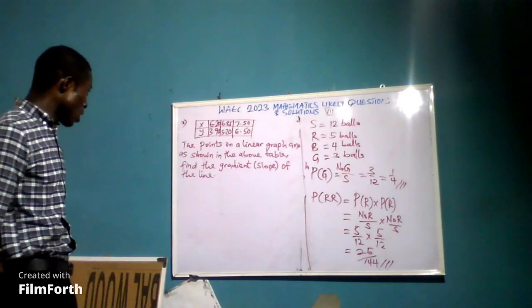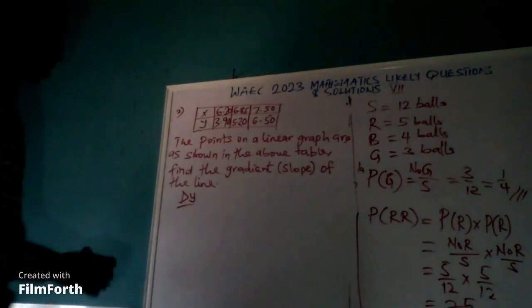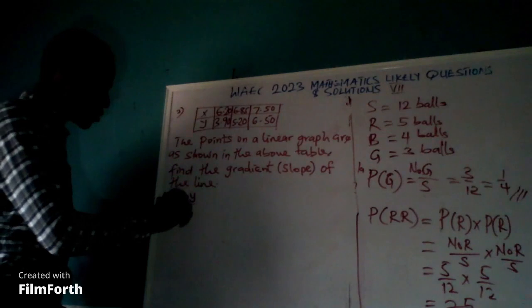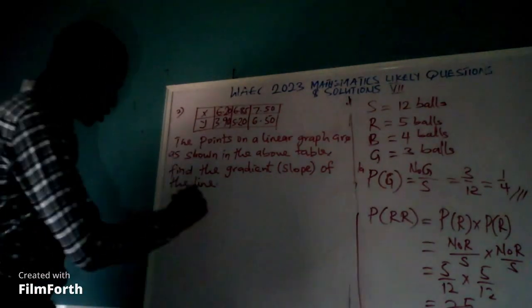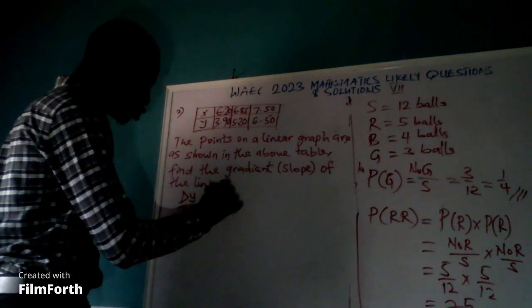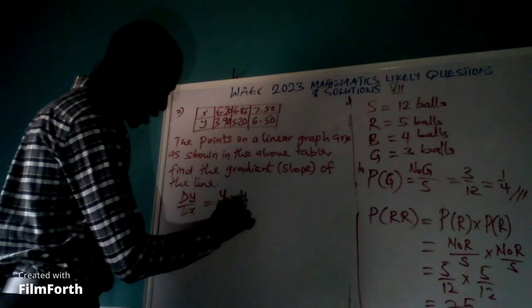What is gradient? The formula for finding slope is change in y with respect to change in x. This can be interpreted as y2 minus y1 all over x2 minus x1.